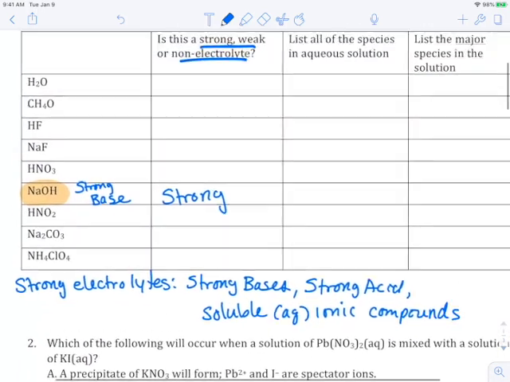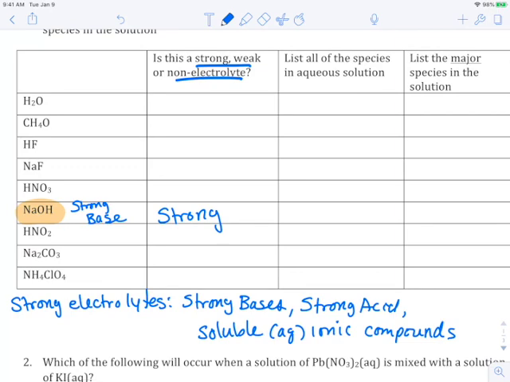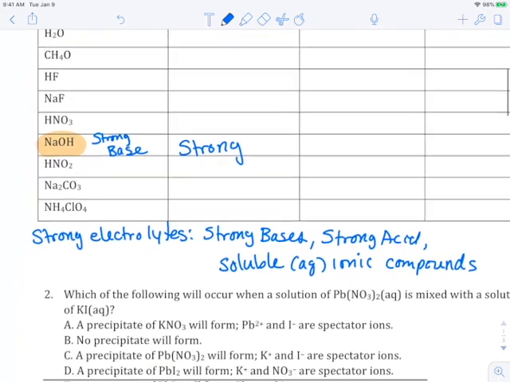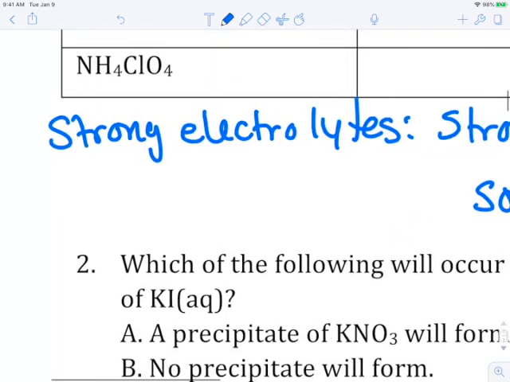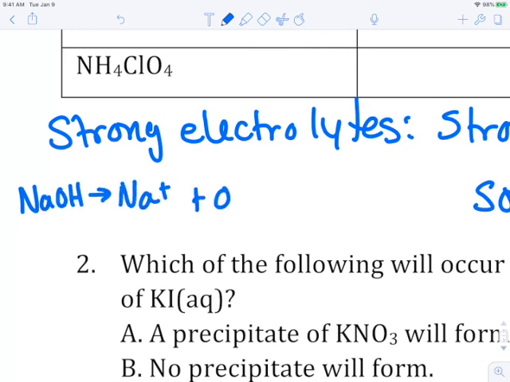All right, so next up we want the species in aqueous solution. What we're looking at is what does it break up into? And what we know about NaOH is that NaOH breaks up completely into sodium plus hydroxide.